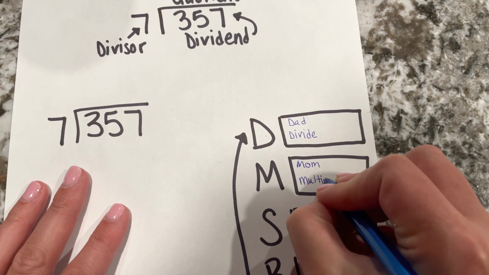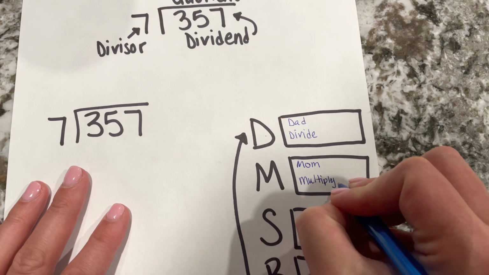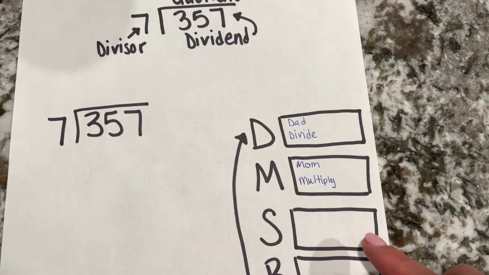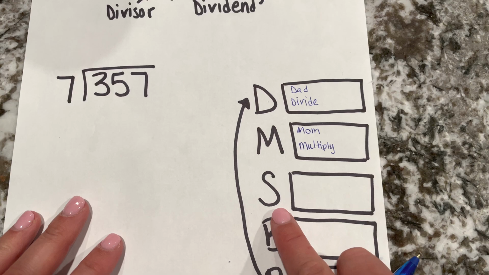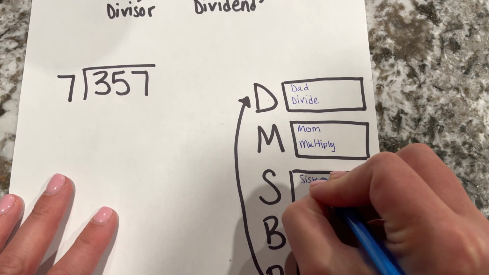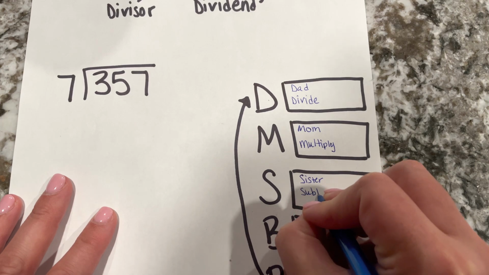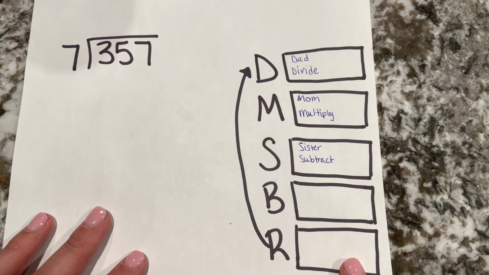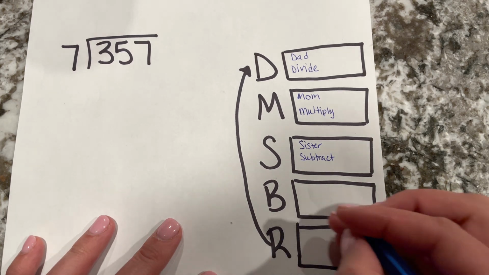Multiply. If I'm going too fast at any point, you have the luxury of pausing it to catch up. So make sure you pause it as you need to. The next one, our S, stands for Sister and subtract. And then our B stands for Brother.